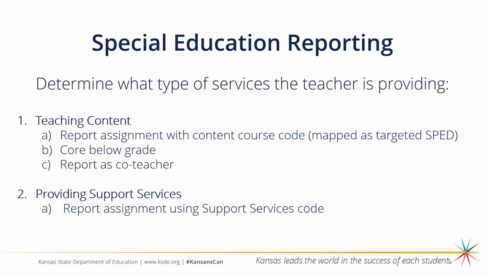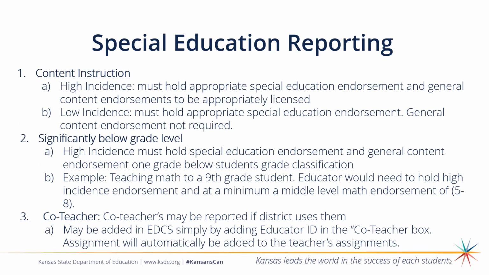The other option when you're reporting special education is if an individual is simply providing support services. If that's the case, when you're within EDCS, you'll select educator type special education, and then there's a drop-down list of different support services that you can provide for a particular assignment. So you just pick the appropriate one that pertains to your particular situation.